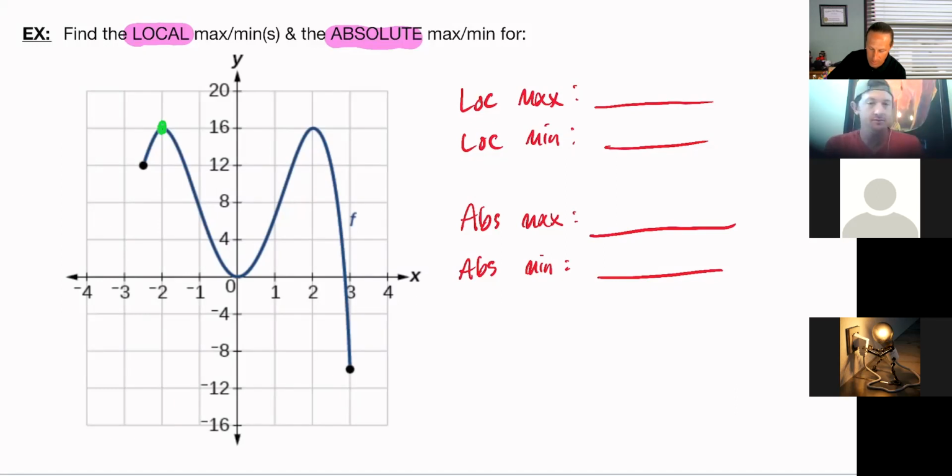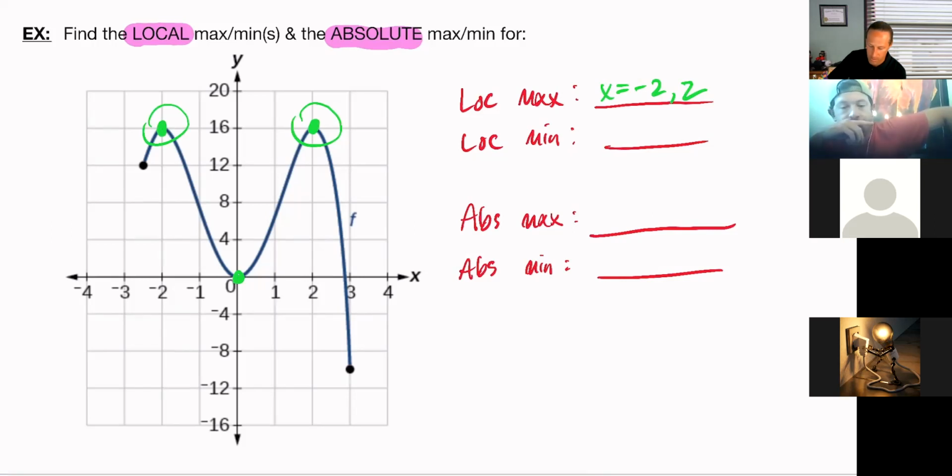So I'm looking here, here, and there. And obviously, how do we tell if they're local maxes? They're above everything. So I've got one at x equals -2 and x equals 2. Or you can give me the actual points, (-2, 16) and (2, 16). It just depends on how the book wants you to answer that.